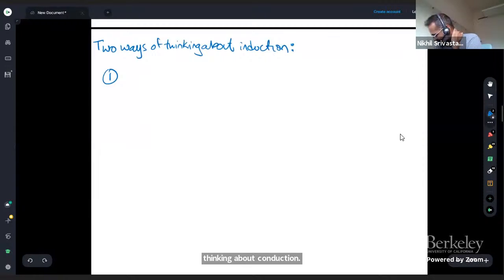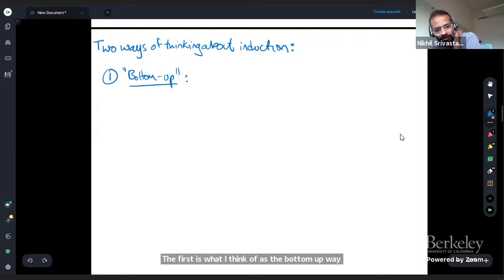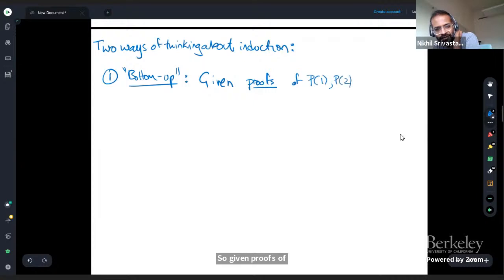So the first is what I think of as the bottom-up way. And here, what is induction doing for us? Well, it's saying that suppose you have proofs, so given proofs of P1, P2, all the way up to PK, the inductive step tells us how to get a proof of PK plus 1.